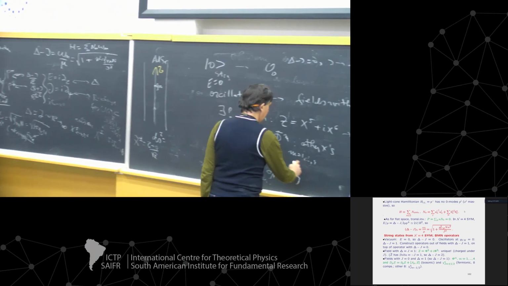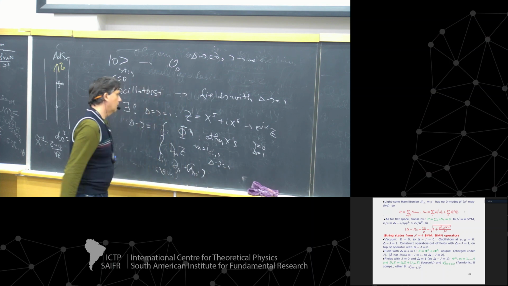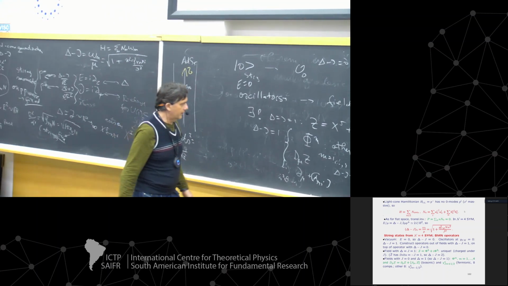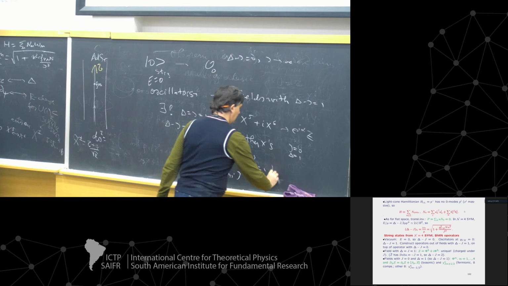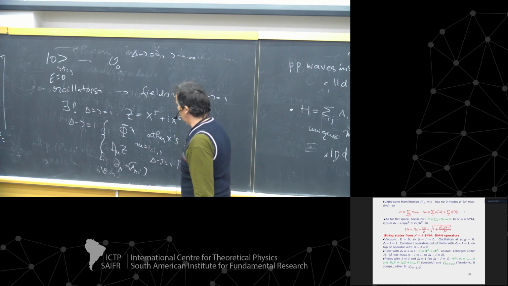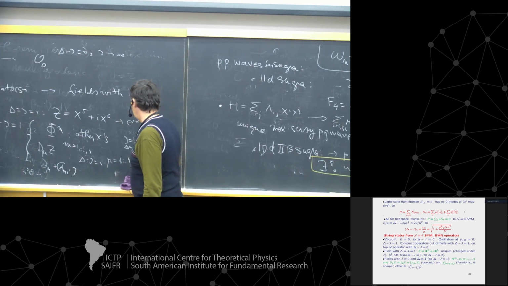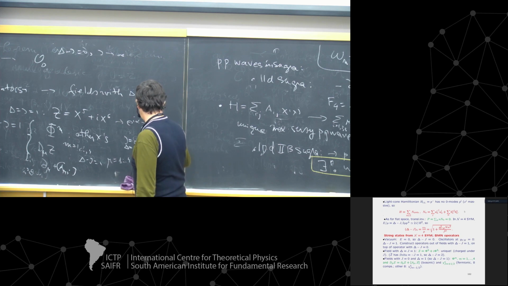So this indeed has also delta minus j equal to 1. And in here, these mu's, mu equal to 1 to 4, are the 4 directions of the field theory. And here I have m equal to 1 to 4 for the 4 scalars. So I have 4 plus 4, 8 bosonic oscillators.